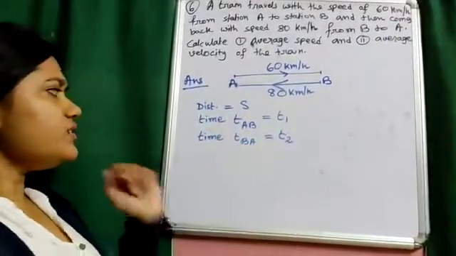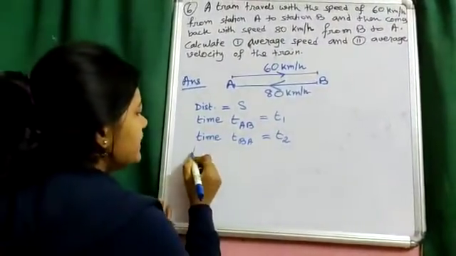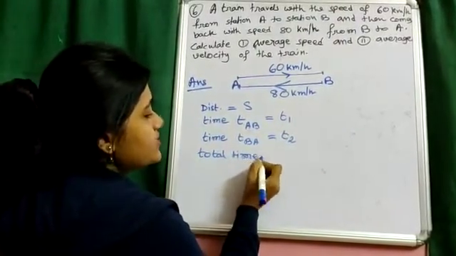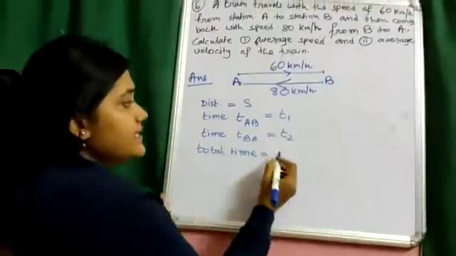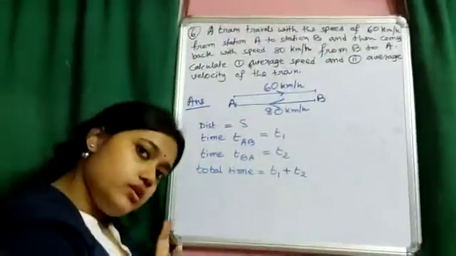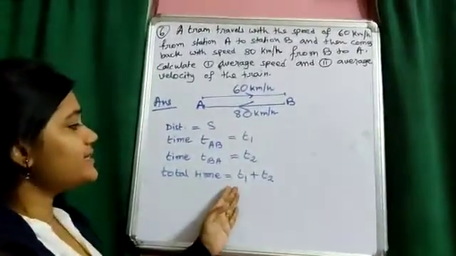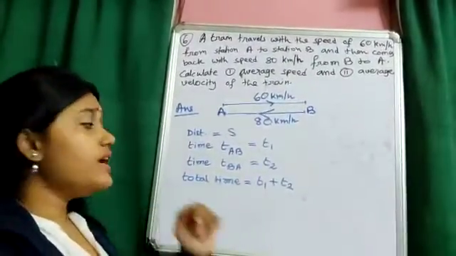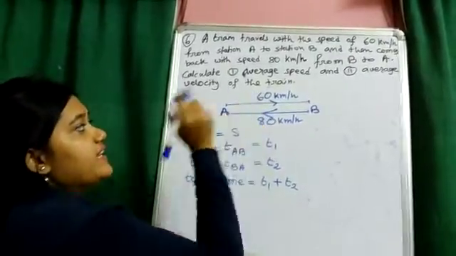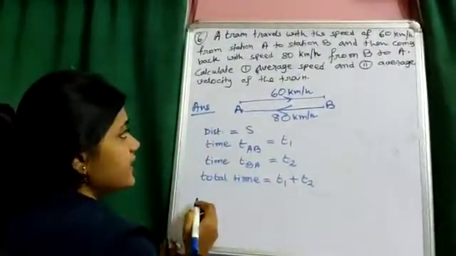So what will be the total time? Total time taken is equal to T1 plus T2. Now what do we know? Only given data is here distance.